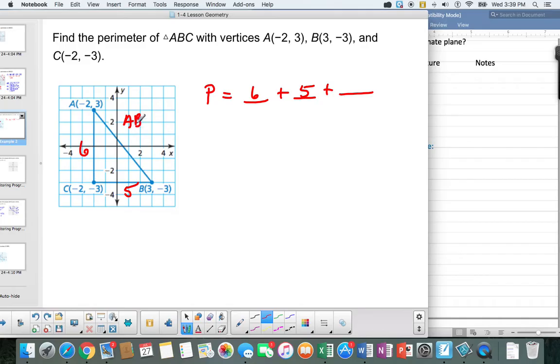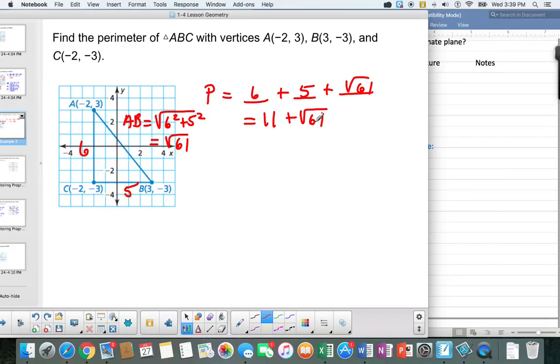So AB will be equal to the square root of 6 squared plus 5 squared. That's going to be 36 plus 25, which is square root of 61. All right, so the answer is 11 plus root 61.